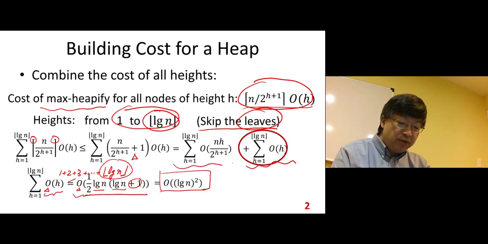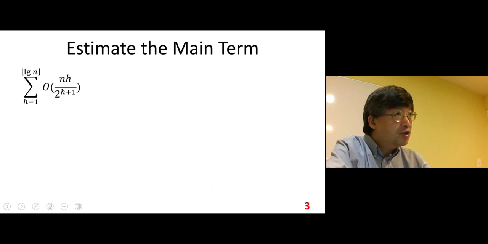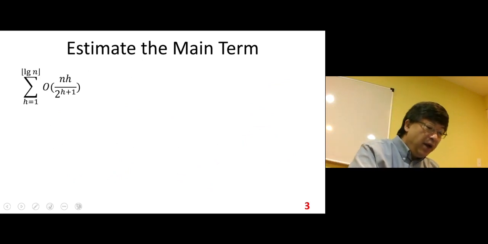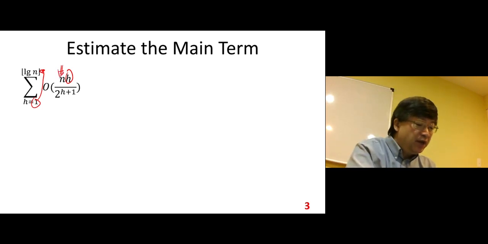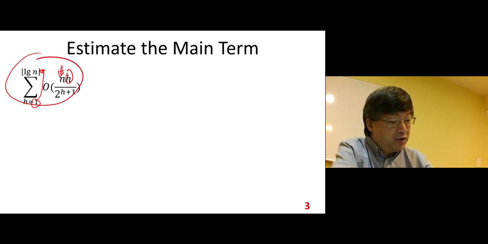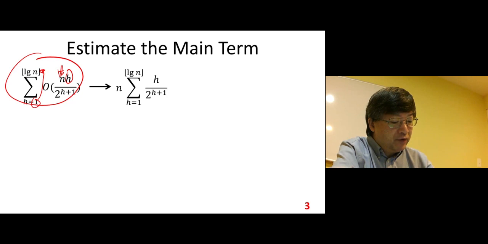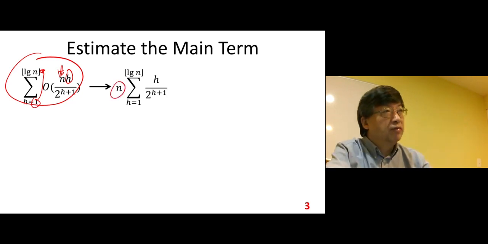Next, we need to estimate the first part. For the first part, h is a variable. H changes from 1 through that number, but the n we treat as constant. N does not change in this evaluation, so we can move n out of the summation.